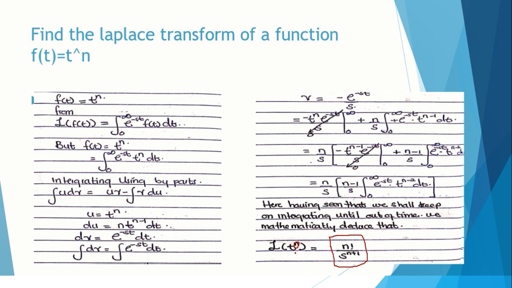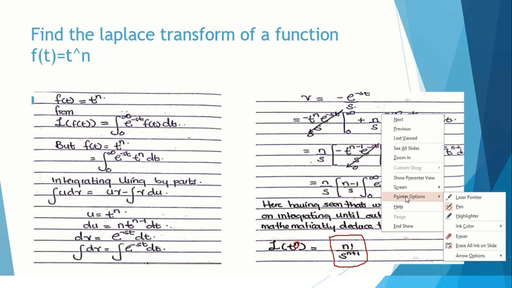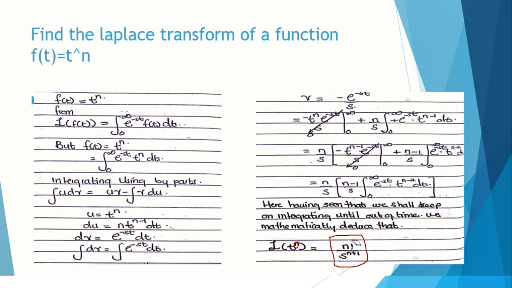Whenever we are given a function t raised to a degree n, it's going to be n factorial divided by s raised to n plus 1. So we move into the next slide.